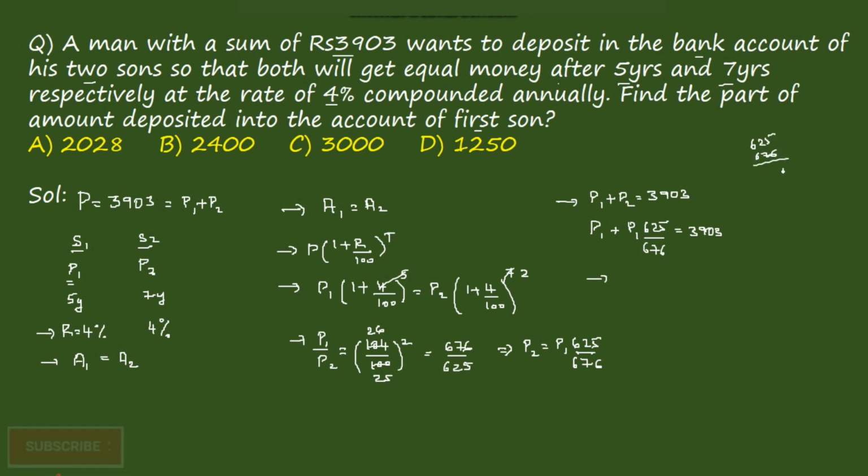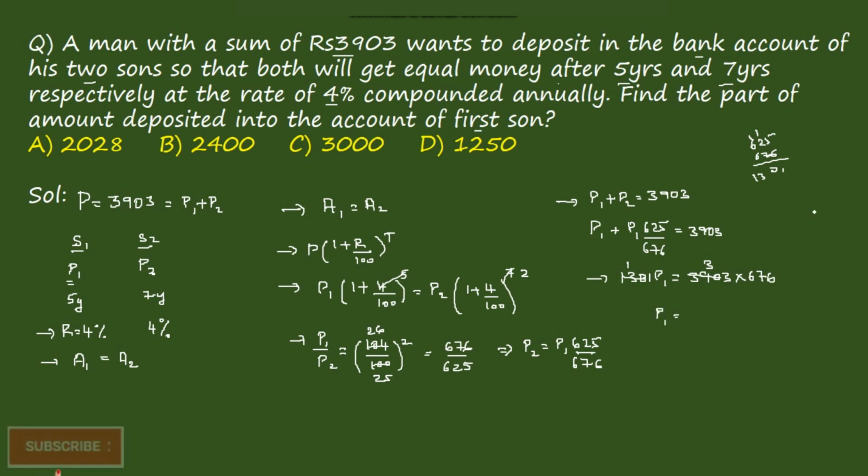We get 1301. P1 is equal to 3903 into 676 divided by 1301. 1301 goes into 3903 three times, so 3 into 676.